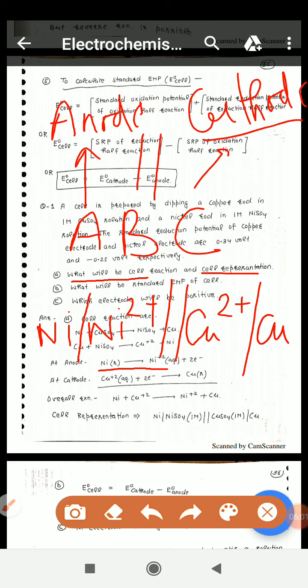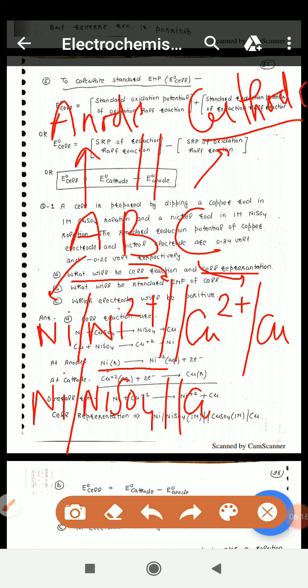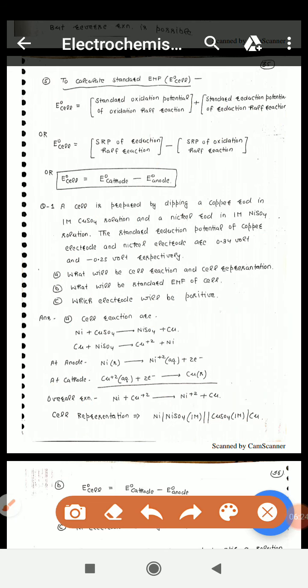This is the cell representation, A, B, C. Or you can also write nickel 2 plus as nickel sulfate, NiSO4, and copper 2 plus as copper sulfate, CuSO4, and copper. Both cell representations are correct. So this is the first part: the cell reaction and cell representation.